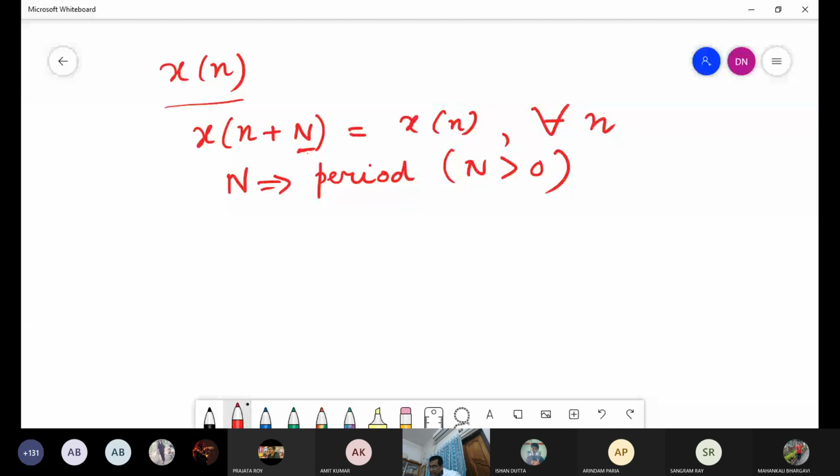This is the condition for periodicity for any arbitrary signal.